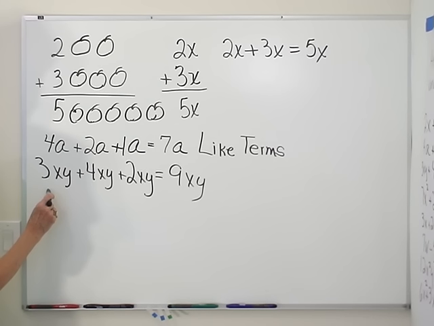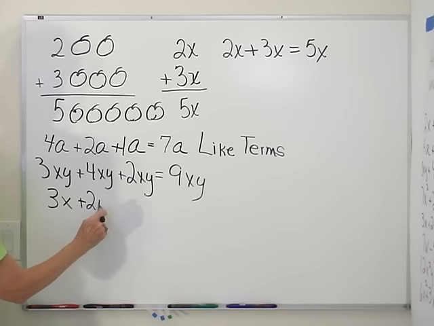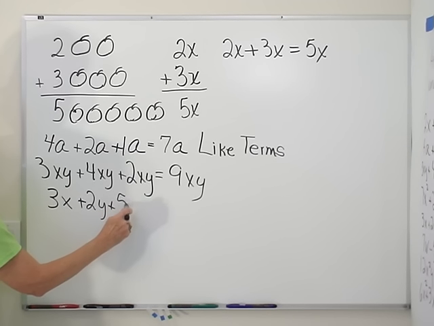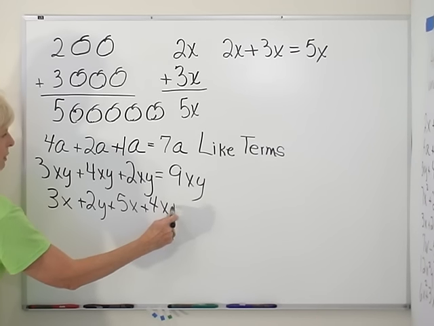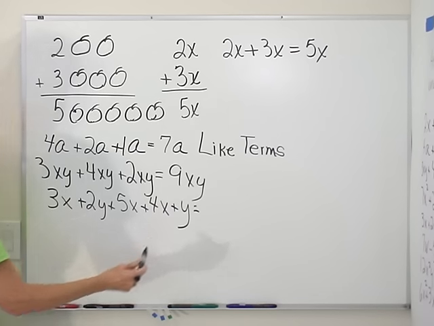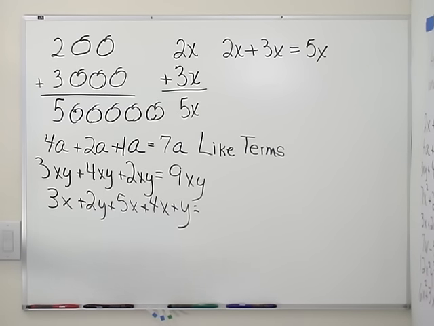Sometimes it's a little trickier looking, like maybe 3x plus 2y plus 5x plus 4x plus y. And I say it's trickier, but it's not really trickier. It's just that it's not lined up exactly perfectly. And I've got two different things going on. I've got some x's and some y's, and they're not the same.